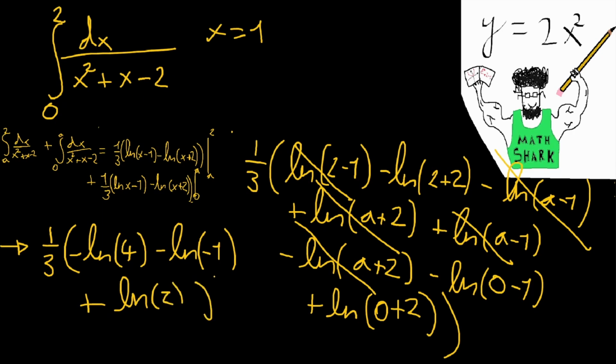Now, as we can see here, we have a ln of minus 1, which is not defined. Since it does not cancel out with any of the other terms, this actually means that the original integral diverges. So there is no answer for this integral because it diverges.